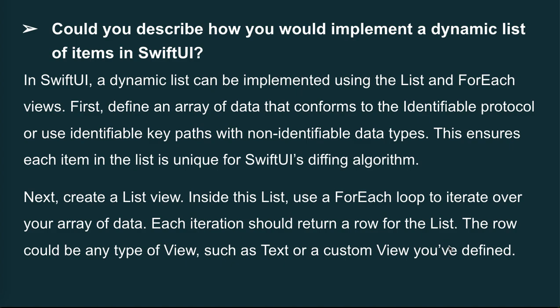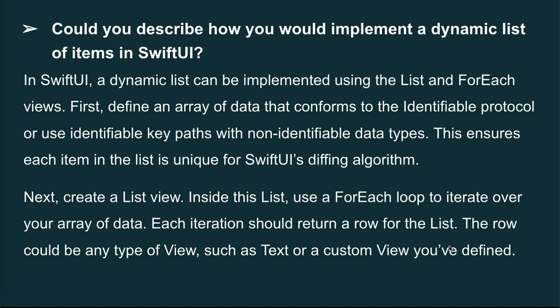Next question is, could you describe how you would implement a dynamic list of items in SwiftUI? The answer is, in SwiftUI, a dynamic list can be implemented using the List and ForEach views. First, define an array of data that conforms to the Identifiable protocol, or use identifiable key paths with non-identifiable data types.